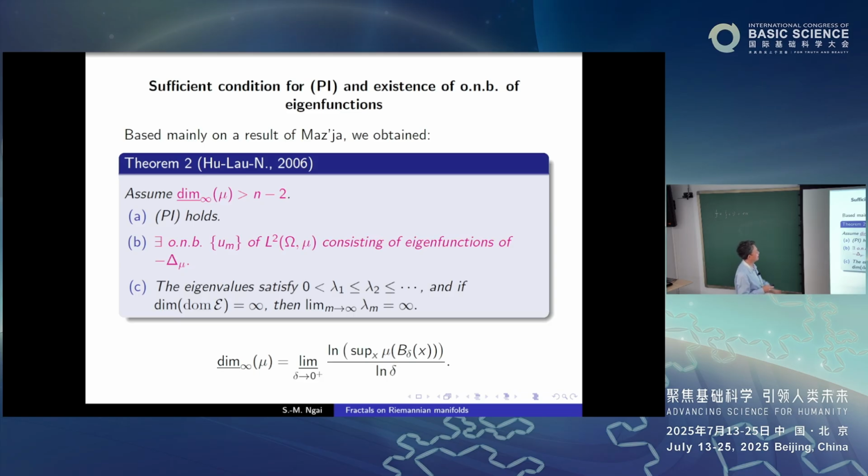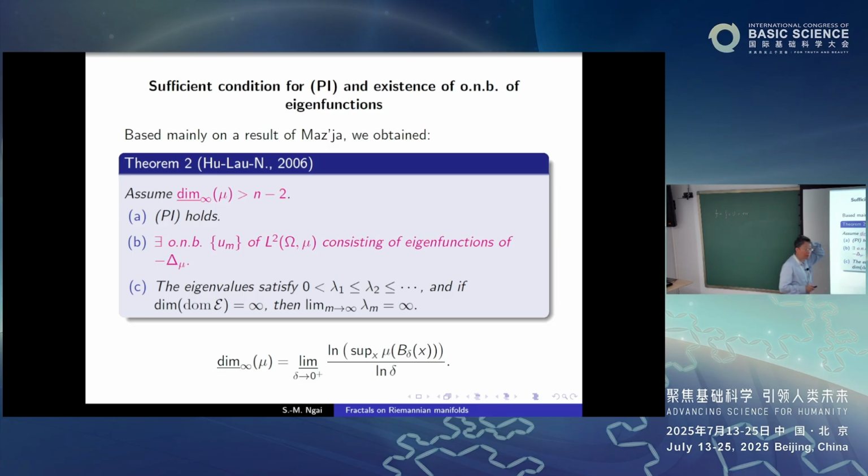If the L infinity dimension of a measure is greater than n minus 2, then we get the Poincare inequality, and there exists an orthonormal basis of eigenfunctions of this Krein-Feller operator, and the eigenvalues increase to infinity. The eigenspaces are finite dimensional. And so this quantity, the L infinity dimension.